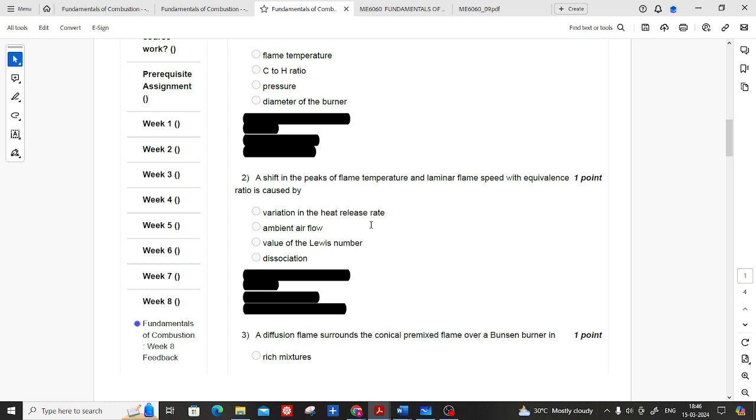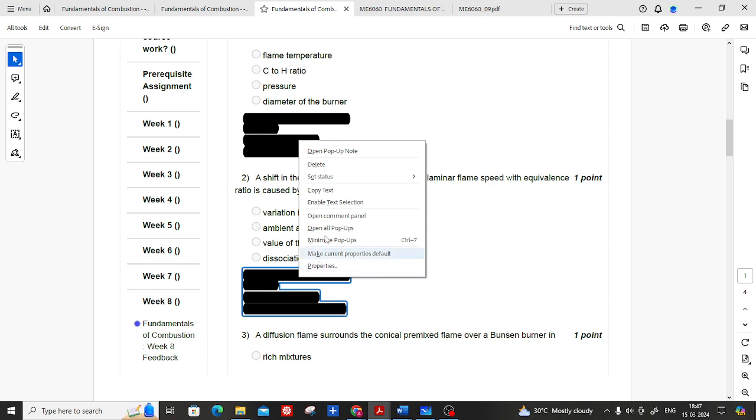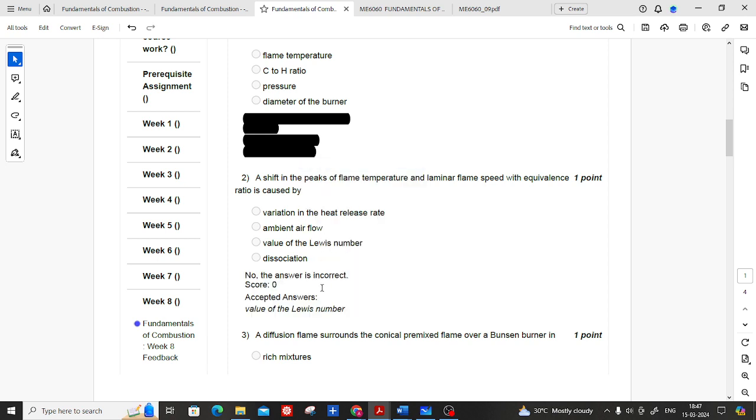Anyone else? Okay, so the correct answer is the value of the Lewis number.